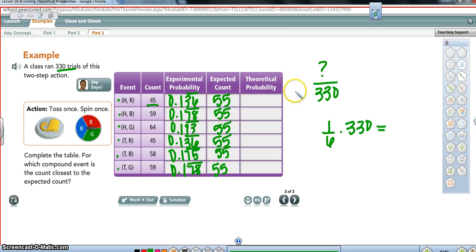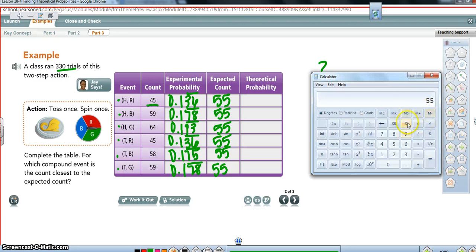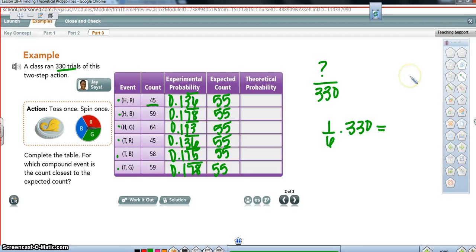And the theoretical probability of getting the event is 1 out of 6, or 55 out of 330, which is 1 out of 6, 0.16 repeating on the 6. So you can see that our values aren't completely different. They're all kind of around that, but they are not exactly the theoretical probability. But it would be the same for each, since there's the same equal chance of getting each of the events.